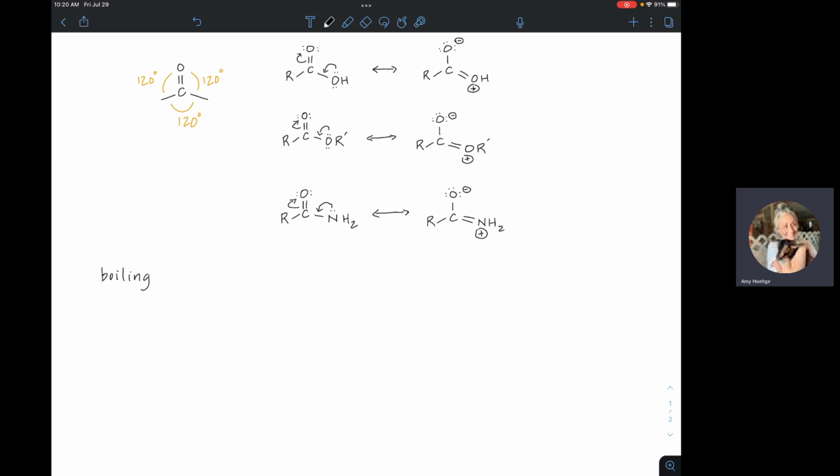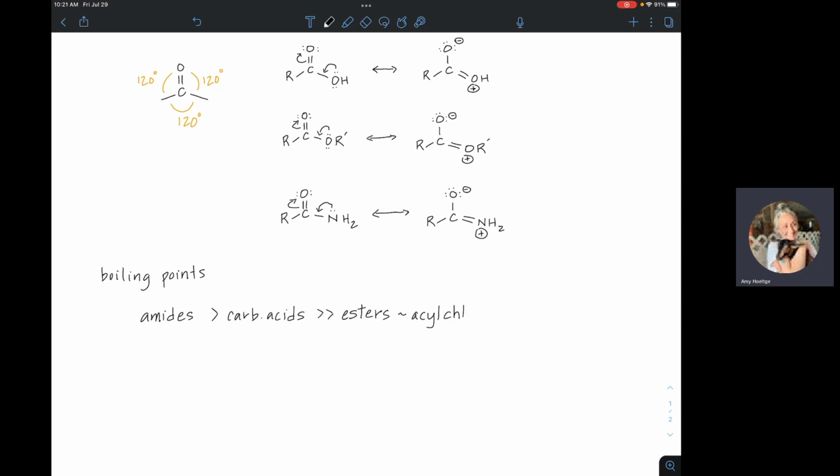And all this goes back to intermolecular forces. Amides are going to have much higher boiling points than carboxylic acids. Those are going to have much higher boiling points than esters, which are going to be probably on par with acyl chlorides.